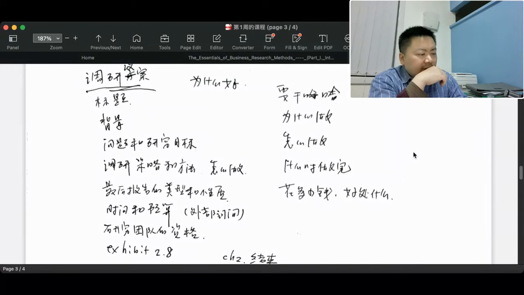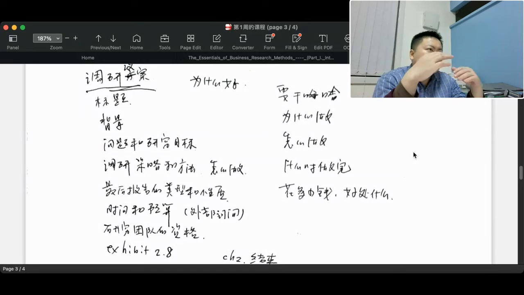Also about the time estimate, and also about the qualifications of the research teams. So once the boss has that business research project proposal, he will be able to decide whether to approve it or bypass it.